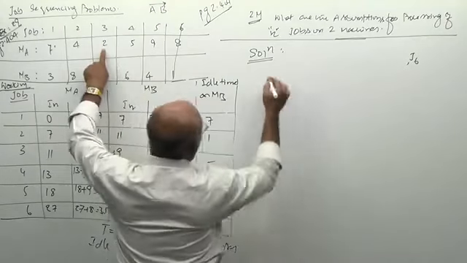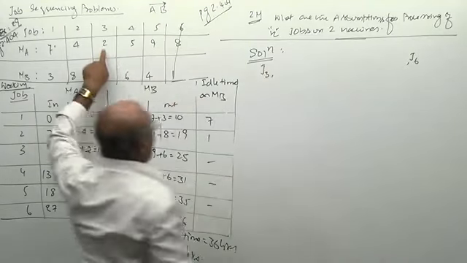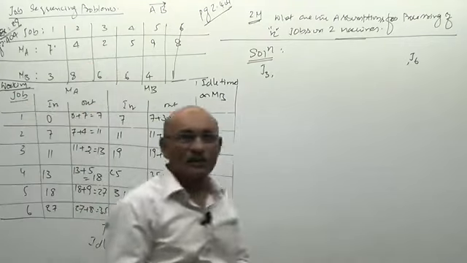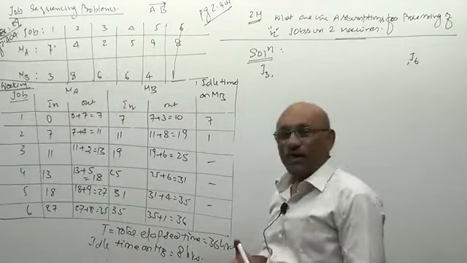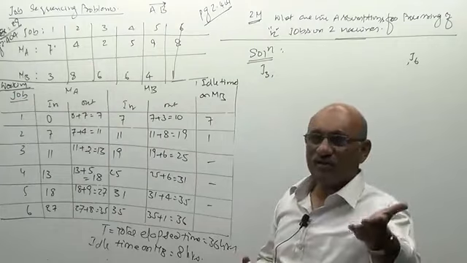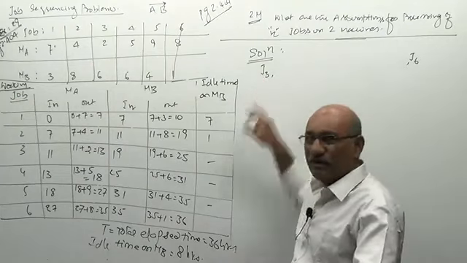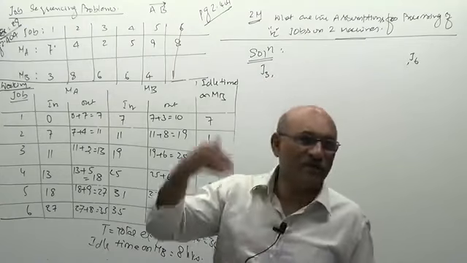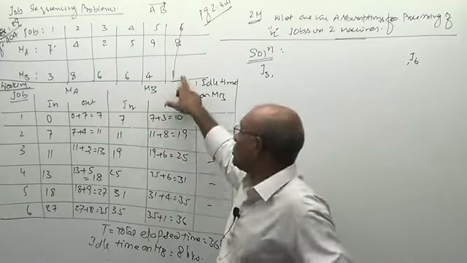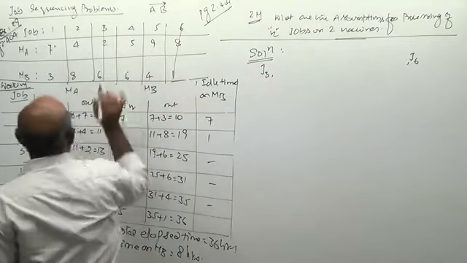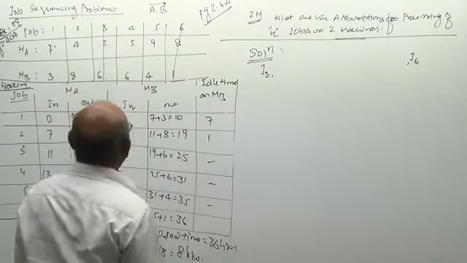Therefore, this job is the first job which will enter into machine A. So, if least processing time is on the first one, then that is the first job which will enter into machine A. If least processing time is on the second one, that is the last job which will enter into machine A. So, job number 3 sequence also eliminated, its order is fixed.